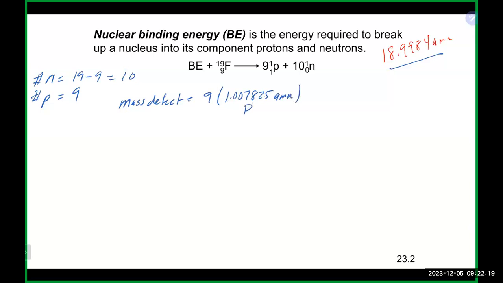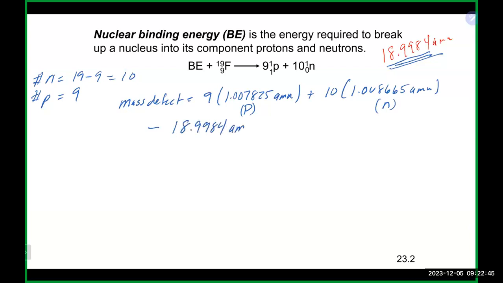We add that to the 10 neutrons times the atomic mass of a neutron, which is this number here in AMU. We then subtract it from the atomic mass of the isotope, which is a lot of times given to you in these problems.